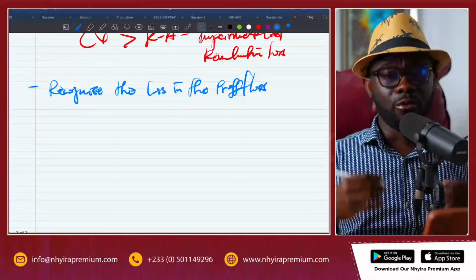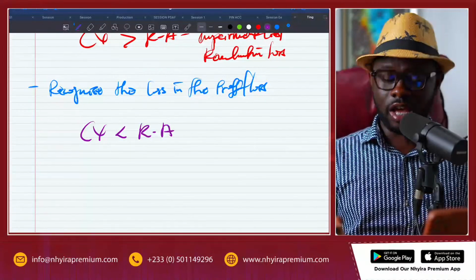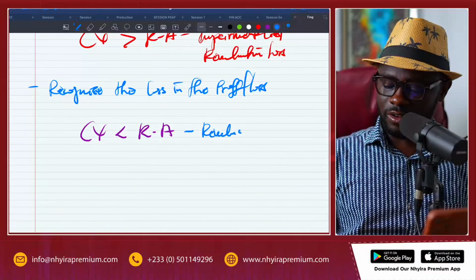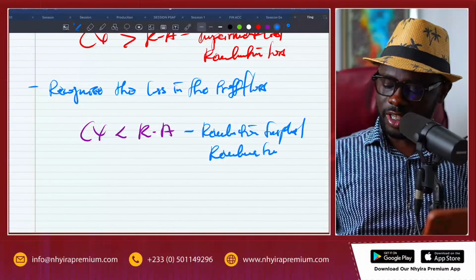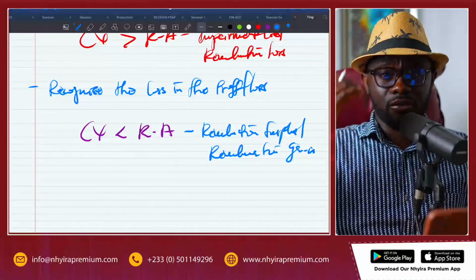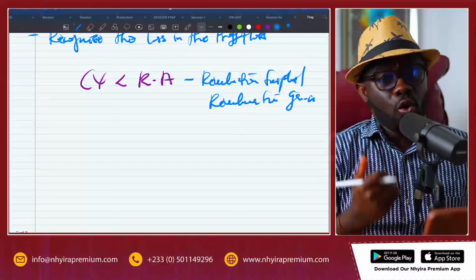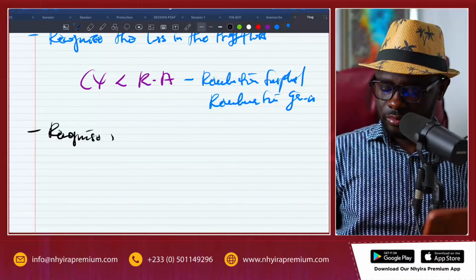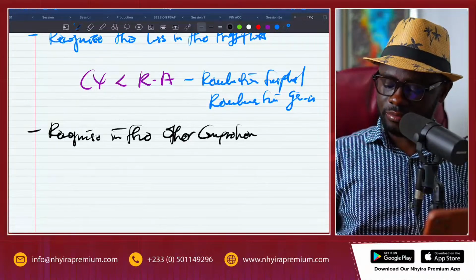Also, if for the first time we revalue assets and it turns out that the carrying value is less than the revalued amount, which means we are going to get a revaluation surplus or revaluation gain, then when we revalue an asset for the first time and get a revaluation surplus, it will be recognized in the other comprehensive income.